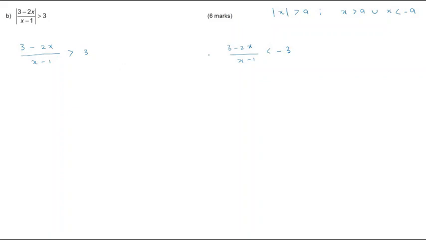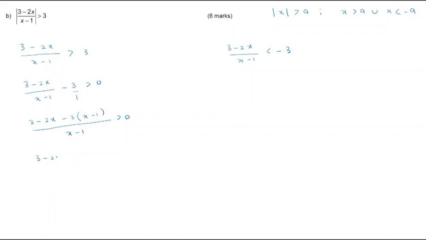Okay, let's do it one by one. Bring 3 to the left. 3 minus 2x over x minus 1 minus 3 more than 0. Okay, 3 is 3 over 1, and what we do here is cross multiplication. 3 minus 2x minus 3 multiplied by x minus 1 over x minus 1 more than 0.